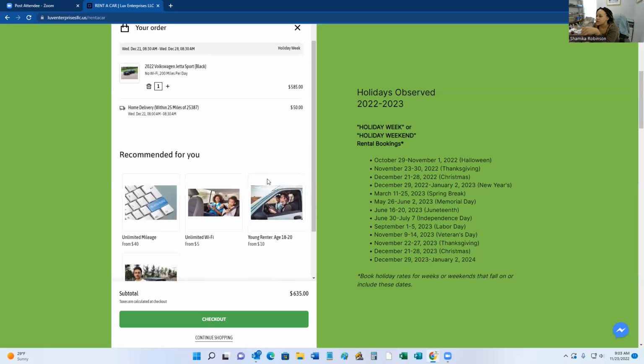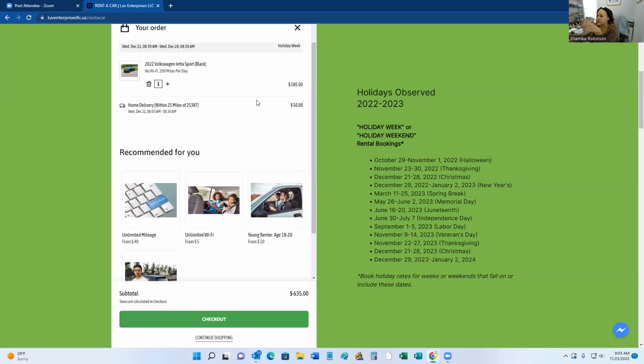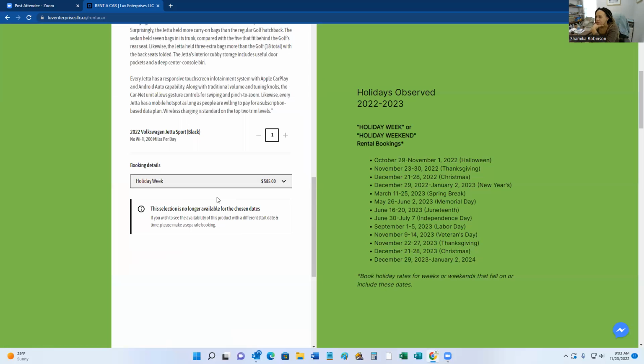So as you can see here, the total is $635. That is home delivery. You don't have to Lyft or Uber there, and you are getting the holiday week, right? So I'm going to go ahead and continue shopping. Let's see how this works for us, okay? Now I am going to, let's see.